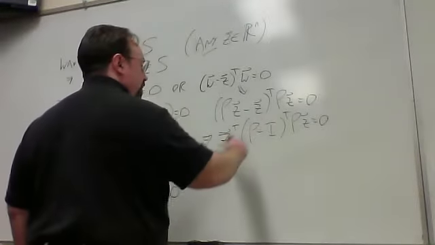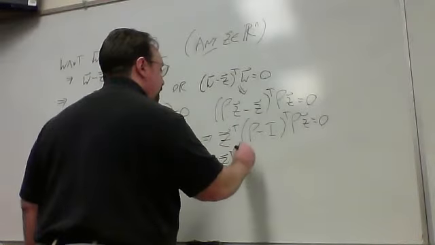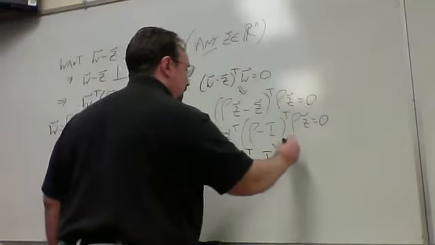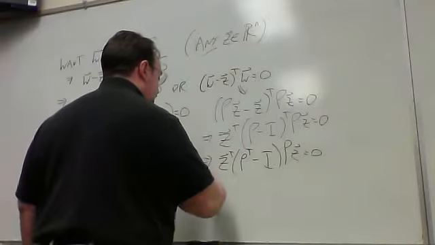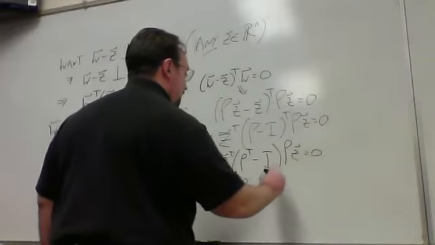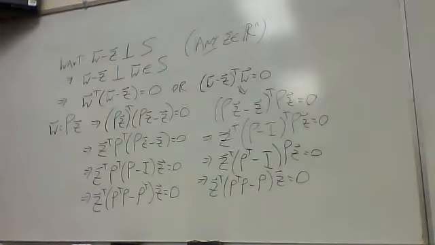Now I can distribute the transpose into this difference. So I have P transpose minus identity transpose, and identity transpose is identity, so I'll leave that the way it is. Now I'll take this P and distribute it through here. So Z transpose (P transpose P minus P) Z is equal to 0. So these two equations hold for all Z in all of Rn.